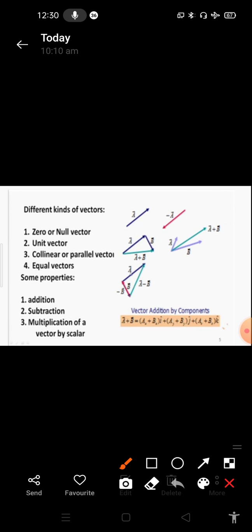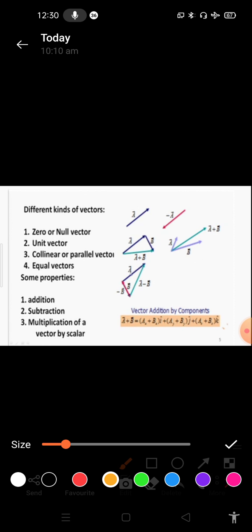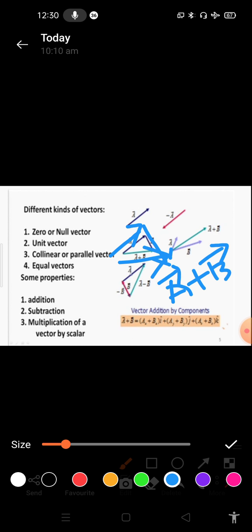A and B, both the vectors, A in this direction and B vector in this direction. Then the resultant vector of these two vectors is like this. The resultant vector is A plus B, means A bar plus B bar, okay? This is the addition of two vectors.